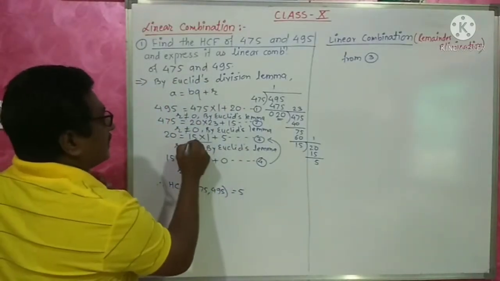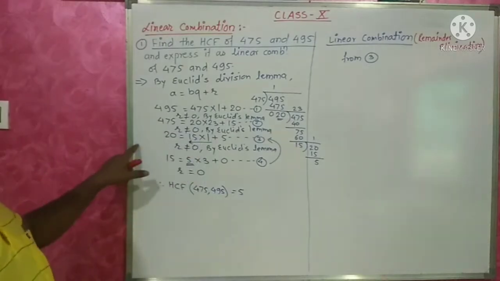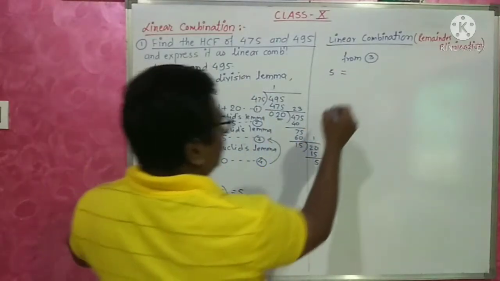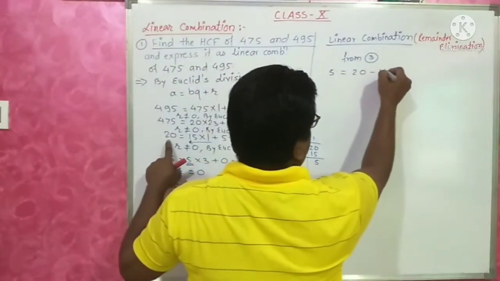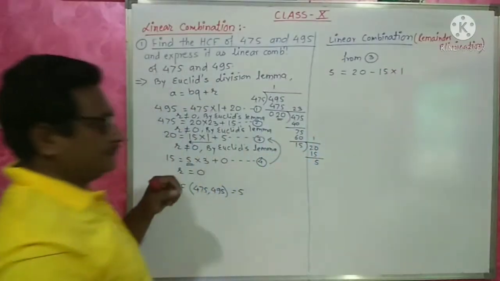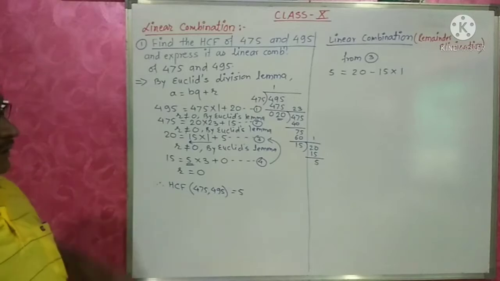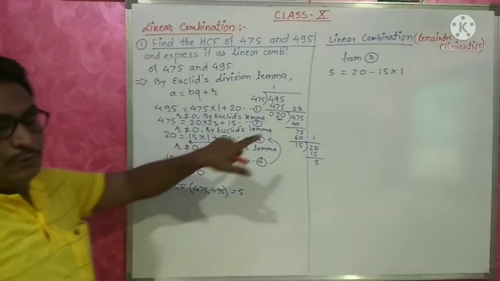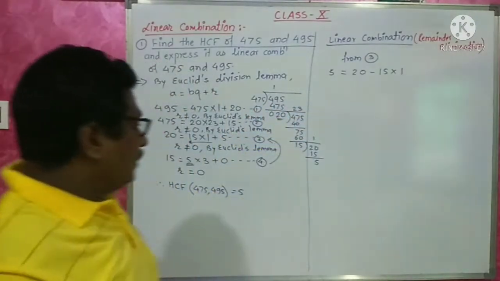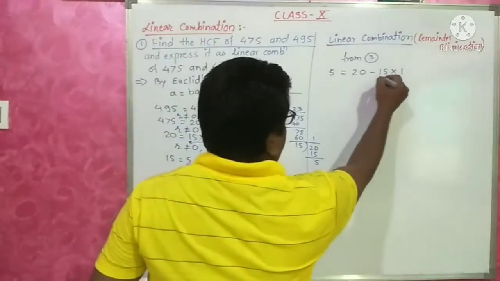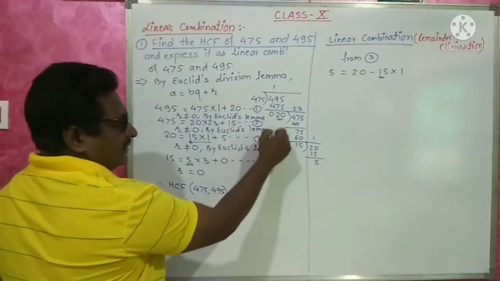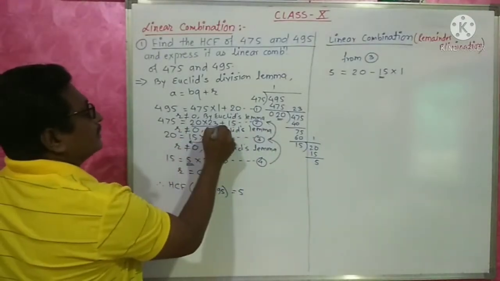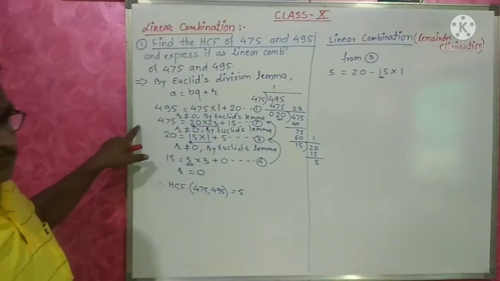This number we have to transpose to the left side. So what will we get? 5 equals 20 minus 15 into 1. Now here 15 is there. 15 is the remainder in the second step, so eliminate this 15. This number we have to transpose.